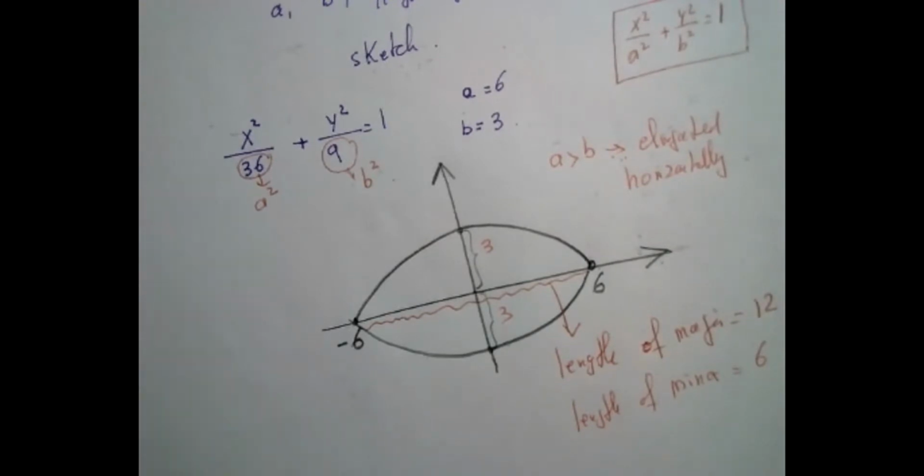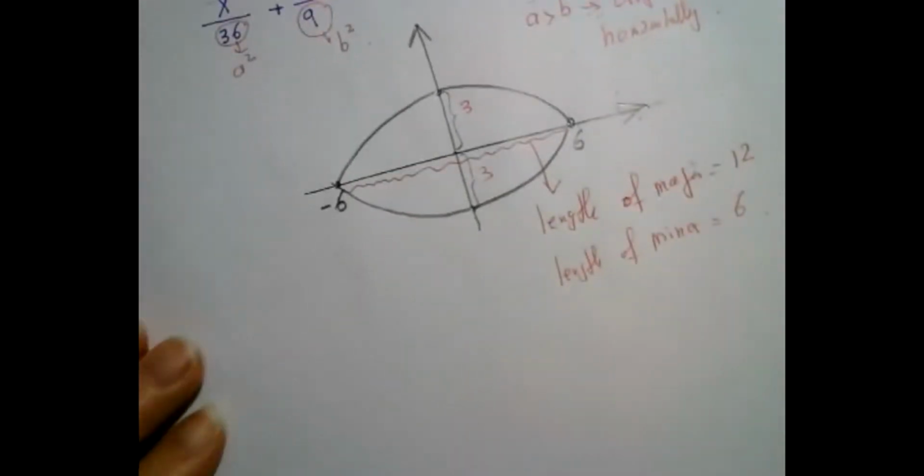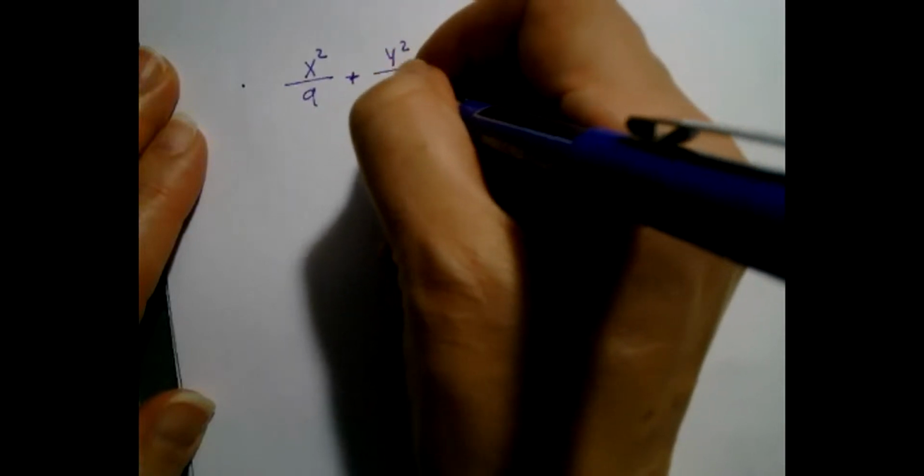I'm going to give you another one, but this time you tell me what's the A, what's the B, and whether it's going to be elongated horizontally or vertically. So example number 2. X squared over 9 plus y squared over 36 equals 1.